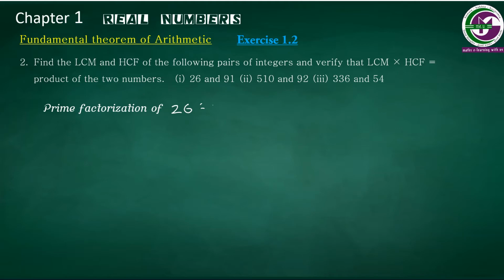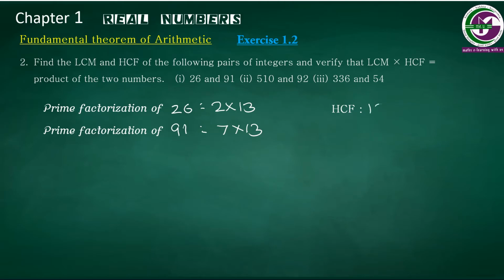We know that it is 2 times 13. Now prime factorization of 91 is 7 times 13. Now HCF is a common factor, so you can see 13 is the common factor, so 13. Now to find the LCM, we'll take all the different factors in the first line and second line.